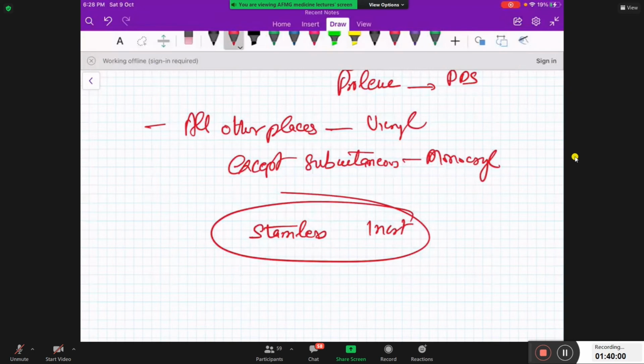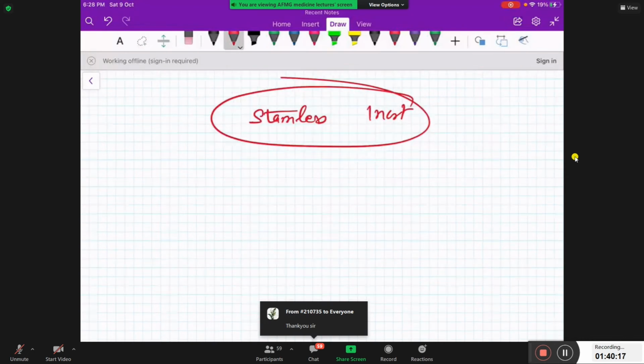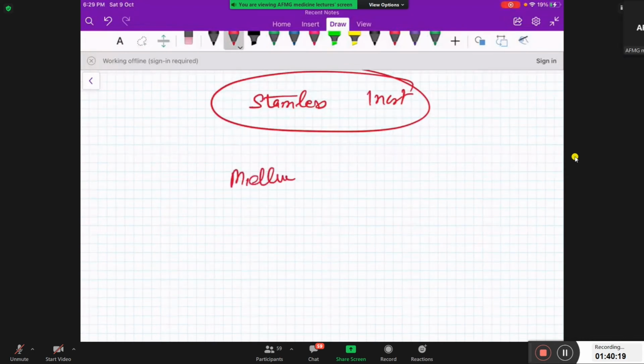What we have understood, let me tell you again, is that all the wounds should be closed in layers. Remember, all the wounds in the body are closed in layers, except one wound. What is that one wound? Very good. Midline laparotomy wound.